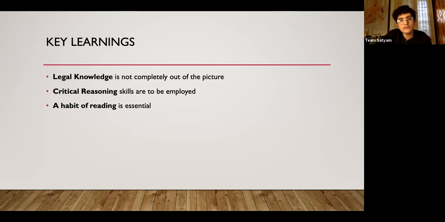First is that legal knowledge is not completely out of the picture. Although the reason why the pattern of the Clat was changed and why passages were included in the legal reasoning section was to supply you with all the legal information necessary to answer a question in that section, it seems that there were certain questions in this paper which required some pre-existing knowledge, specifically the question on defamation being both a civil and criminal offense, the question on fundamental rights and the limitations that can be imposed on them, and whether a question that is asked can also be a part of that, which was in the Arnab Goswami case.